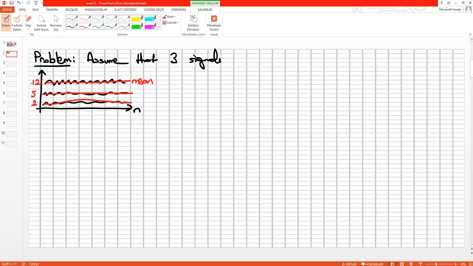This is the input data, x1, x2 and x3, and the other parts are actually noise, right? Because they simply affect this signal. The only parameter of these terms is the mean values of this signal.